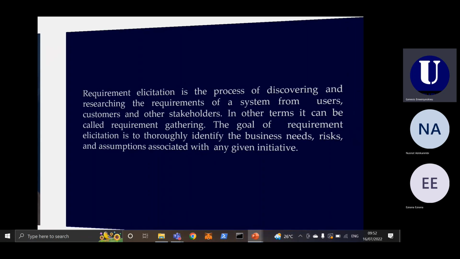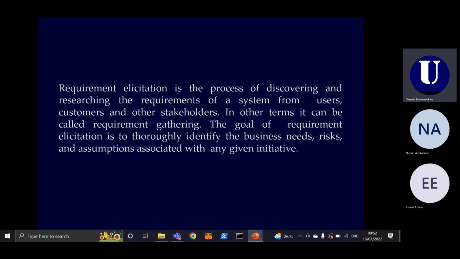But first, before we start, we want to understand what is requirement elicitation. So requirement elicitation basically is a process of discovering and researching the requirements of a system from users, customers and from other stakeholders, right?